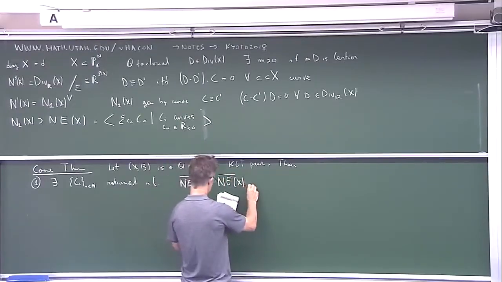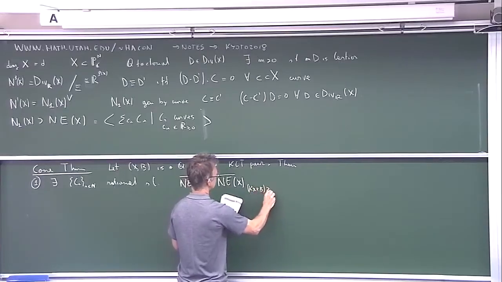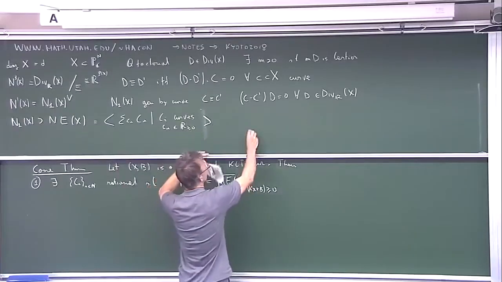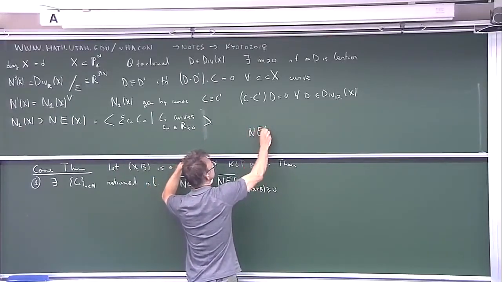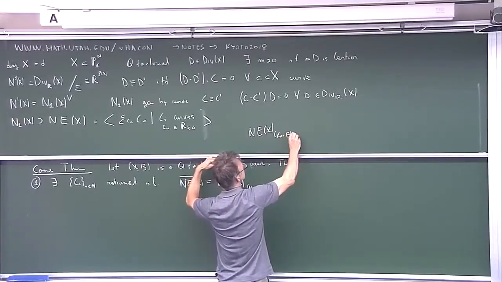Well, we can look at the curves with (K_X + B) greater or equal to 0. By the symbol here, I just mean NE(X) with (K_X + B) greater or equal to 0.